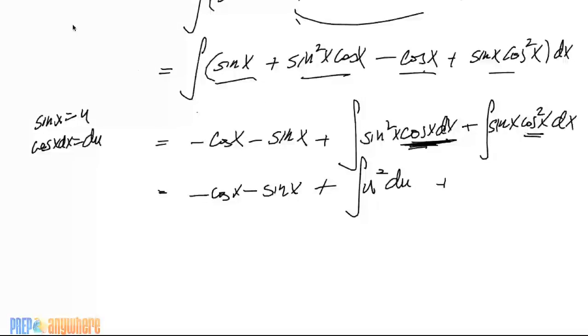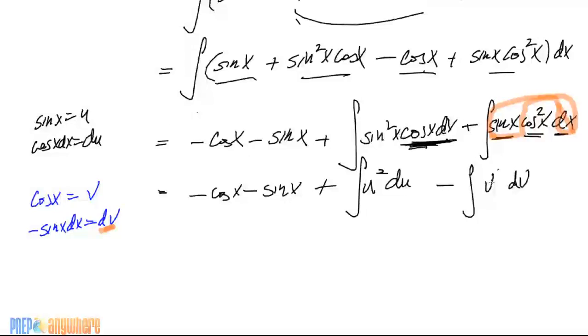Here you let cosine of x equal v, so minus sine of x dx equals dv. So sine x dx equals minus dv, with v squared there. So we get minus cosine x minus sine x plus a third u cubed minus a third v cubed.